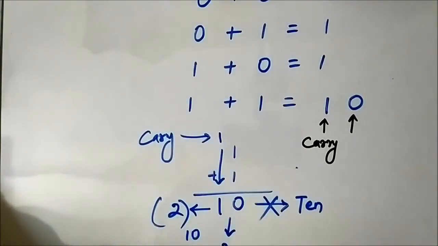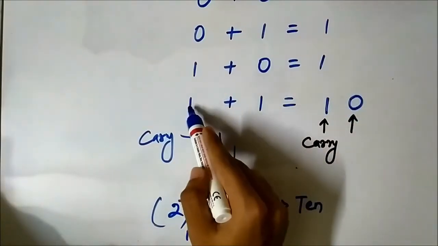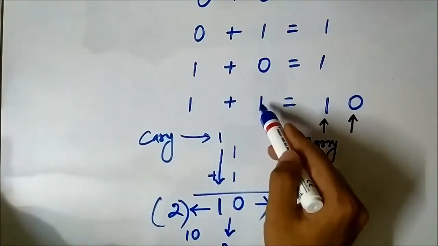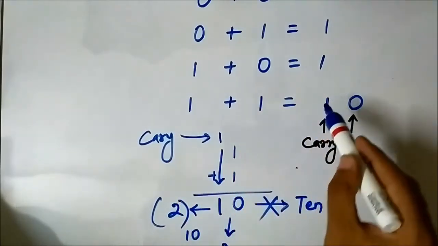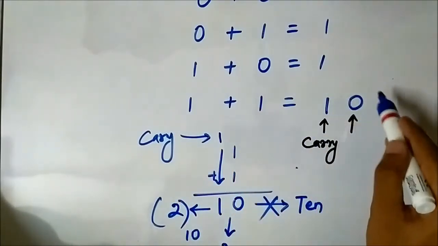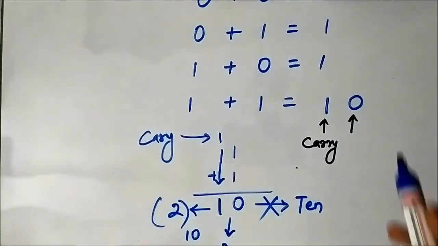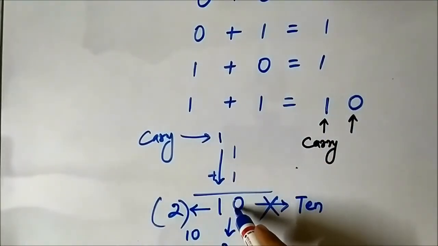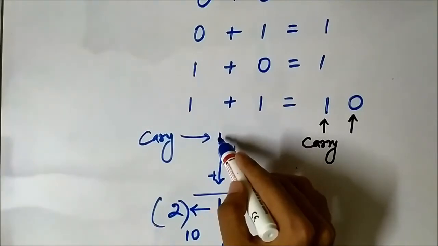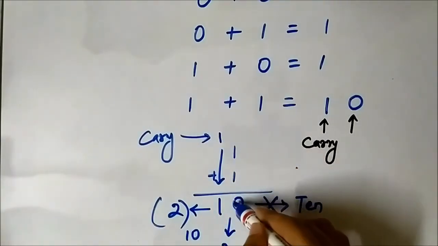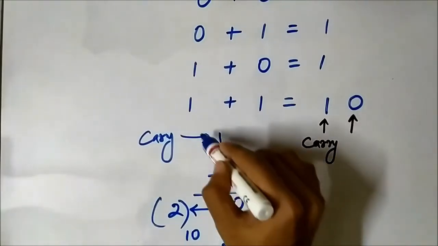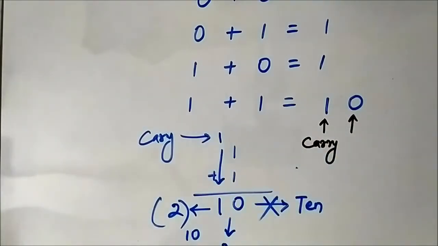In decimal form, 1 plus 1 is equal to 2. 1 in decimal is 1, and this one is also 1, so the addition in decimal will be 2. So this 1 and 0 is equivalent to decimal 2. 0 is the result in that position and 1 is the carry which is generated to the next significant bit.